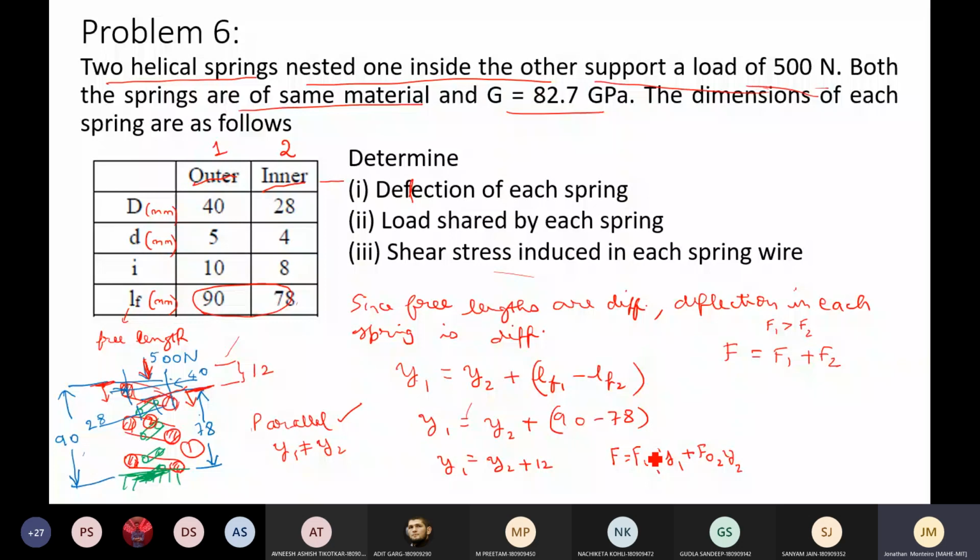What is this that we are talking about? See, it has come directly from here. What we have done is F1 we have replaced with F01 Y1 and F2 we have replaced with F02 Y2.